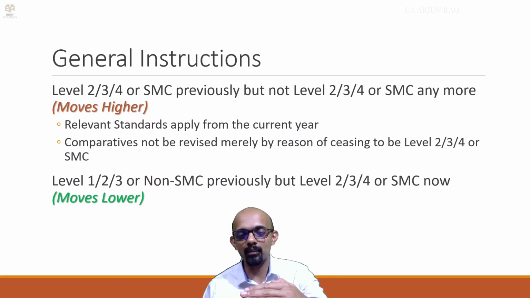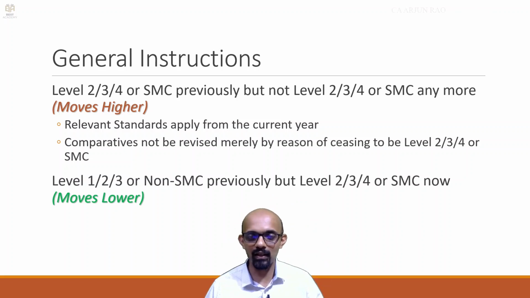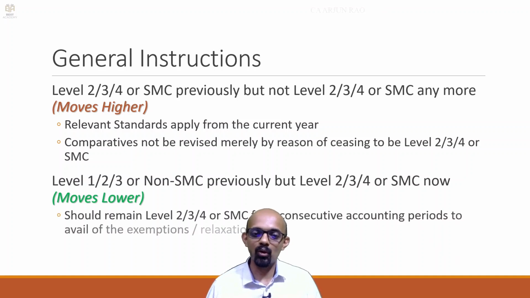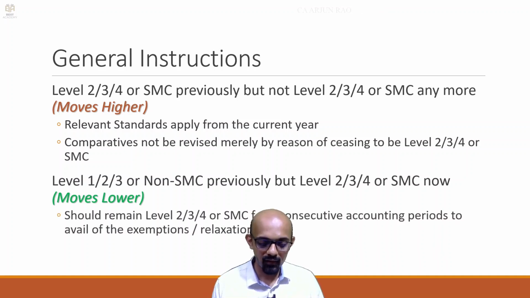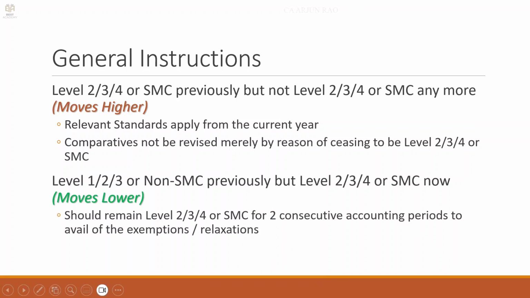This year you become SMC, many exemptions are available, but still you can't take advantage. This year you have to follow all 27. Next year also, if you continue to remain SMC, then you can take advantage of the exemption. So, you have to remain in the lower level for 2 consecutive accounting periods to avail of the exemptions or relaxations.